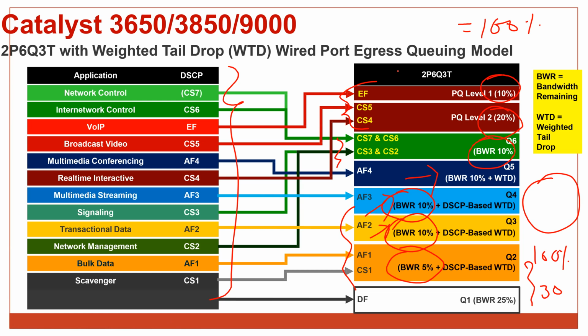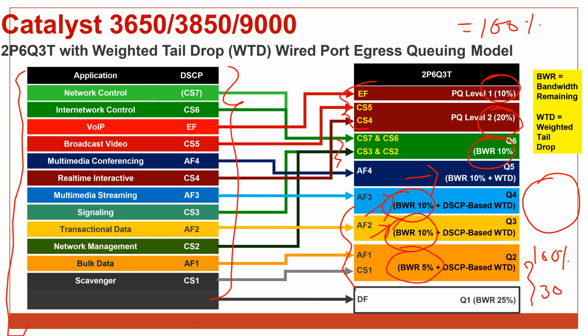Right? So you can reserve the bandwidth for the high priority queue, 10, 20. And this is actually the real best practice example from Cisco. Cisco will tell you to create your classes like this, meaning do the classification of traffic like this, and then do the queuing.